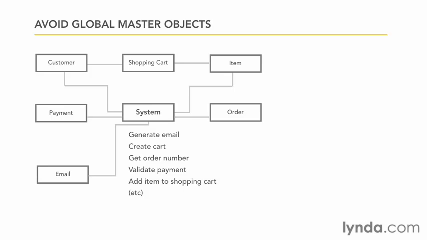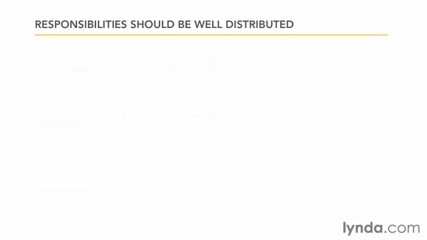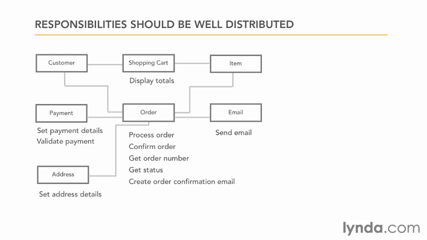Responsibilities should be distributed between your objects, not stored in one master object. Always an object should be responsible for itself as much as possible. Now, a little later on, we'll cover some more advanced techniques for identifying responsibilities and some classic patterns of where they may occur. But what we've started to do is turn this from a conceptual model into an actual class diagram with behaviors. And that's really more of a subject for the next section.